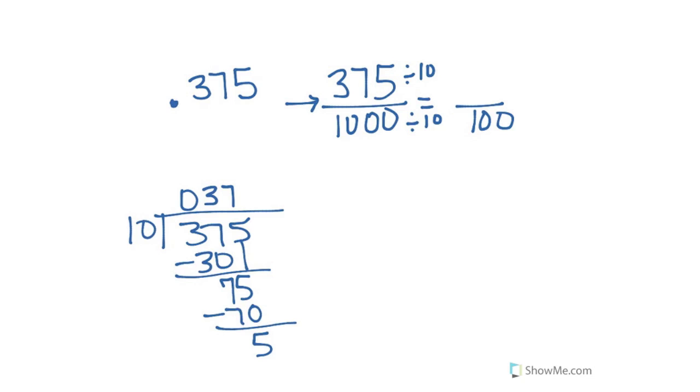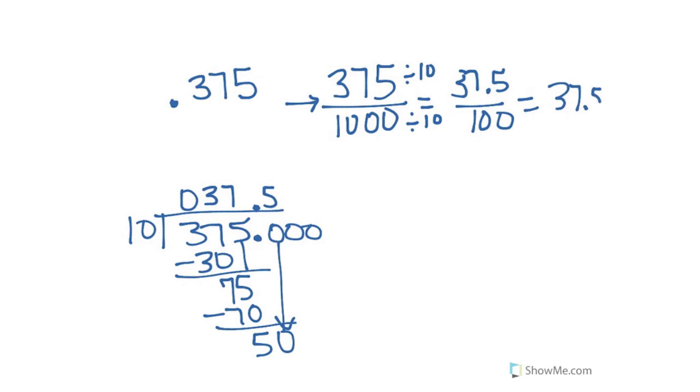And I have a remainder of 5. I can't do that, so I'm going to add my decimal and put all the zeros that I want. 10 can go into 50 5 times. So that means 37.5. As a percent, that means 37.5% because it's out of 100.